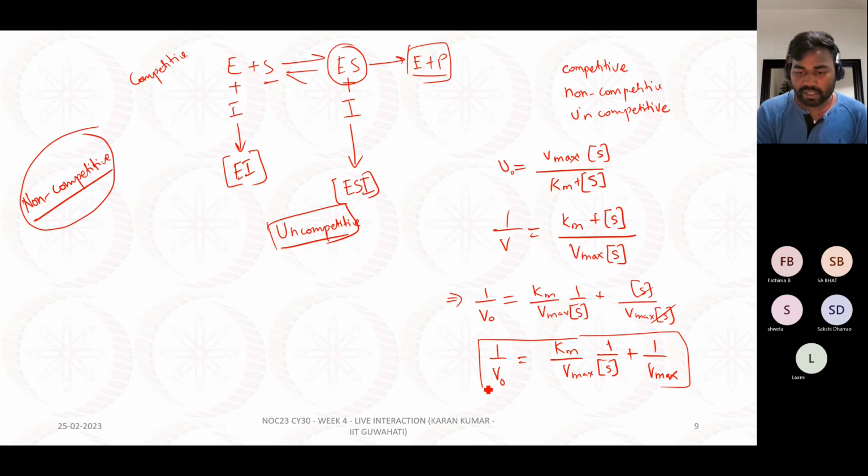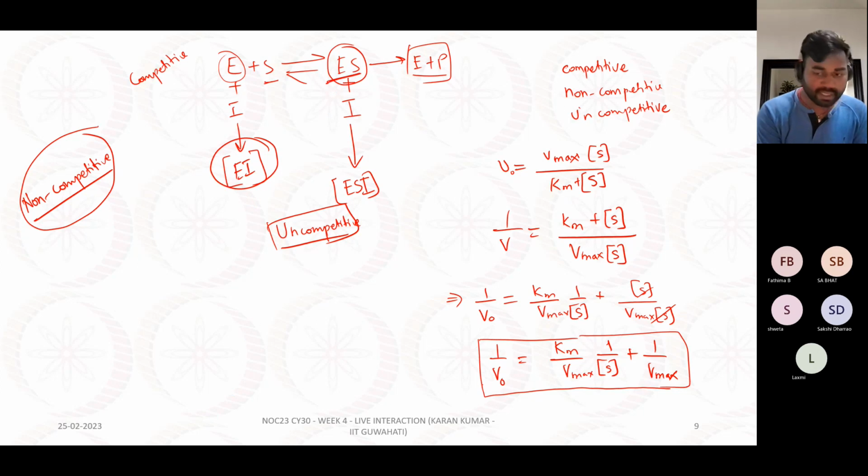But in case of inhibitor, now let us assume the case of competitive inhibitor. In case of competitive inhibitor, your inhibitor is binding at the site where your enzyme alone is present, so it is affecting the formation of the enzyme substrate complex itself.